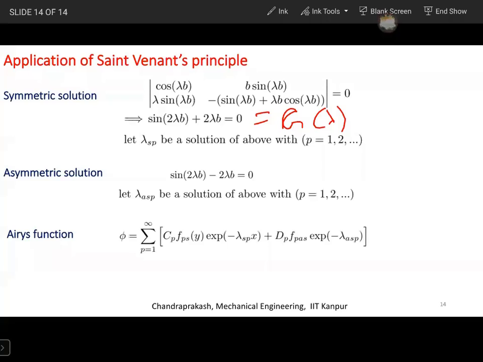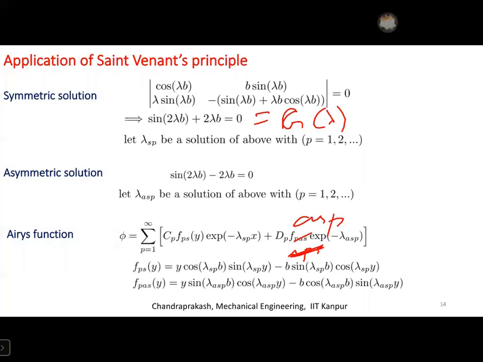Slight typo here. It is ASP and not PAS, right? Asymmetric solution, sorry, ASP, asymmetric values for p, right? And whereas you know your symmetric and asymmetric solutions. Okay, there's a bit of a typo here, but I hope you guys don't pull strings out of this.